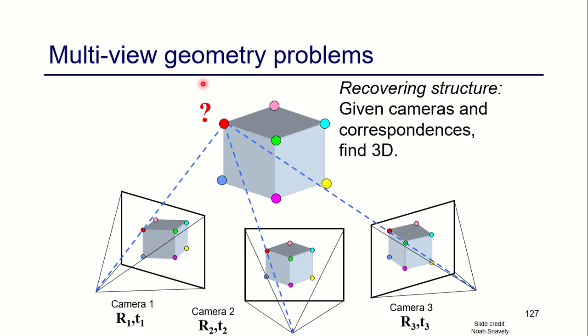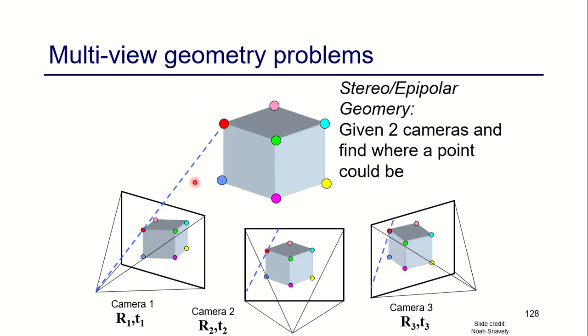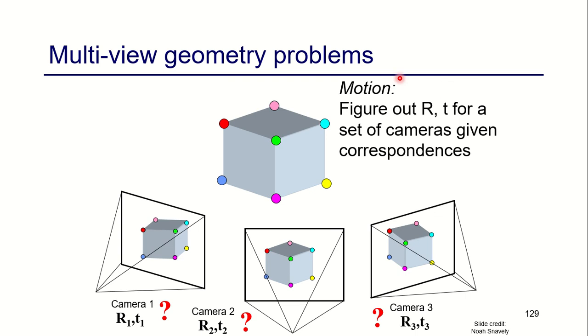So from this, you fix where you are going to find this point. In stereo epipolar geometry, given two cameras, you find where a point could be. In motion, you find the R and T for a set of cameras given correspondences.